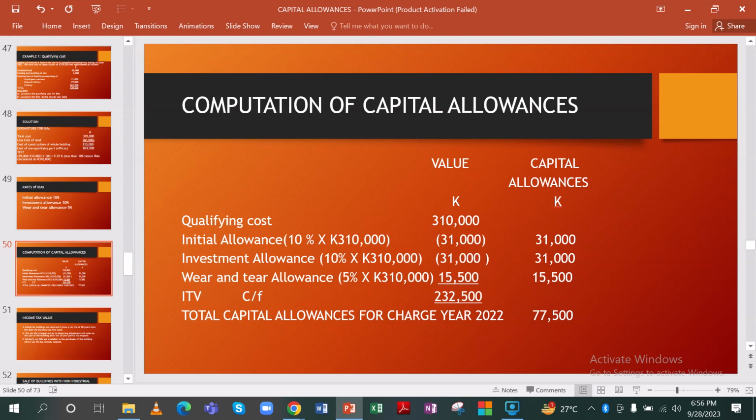Since this building is put to commission for the first time, the owner will claim the three allowances: initial allowance, investment allowance, and wear and tear allowance. So we have the initial allowance of 10% of the original qualifying cost of 310, which is 31,000. So you claim everything. There is no divided use.